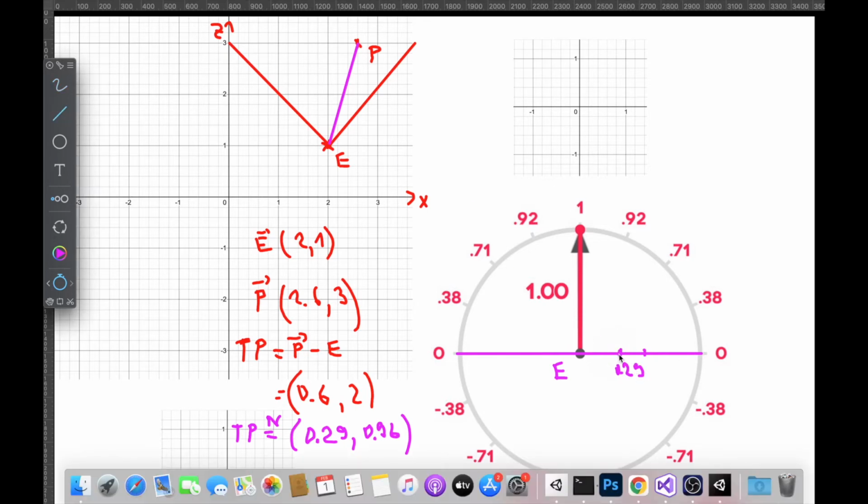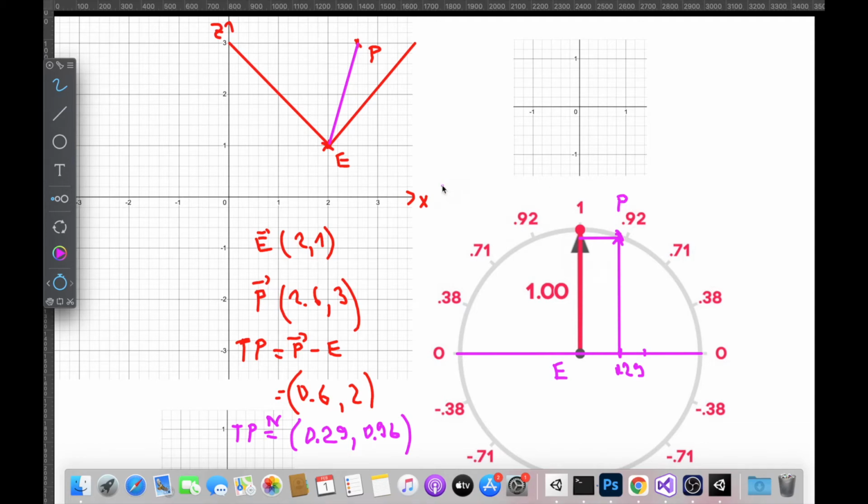I'll mark a perpendicular line to this, and this will be 0.96. I told you this vector, 0.29 and 0.96, has a magnitude of 1, and the radius of the unit circle is 1, so this has to be 1. So that's position 0.96 in order to be on the circle. That's my player position when it's scaled down relative to the enemy.